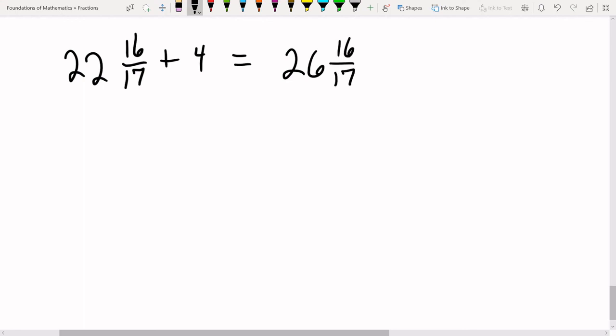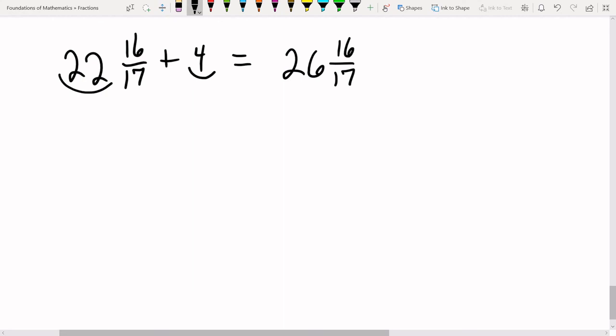That's because the 22 is how many whole parts there are, and there's 4 whole parts there, which means the fractional part doesn't even come into play because we already have these whole parts written as a number.